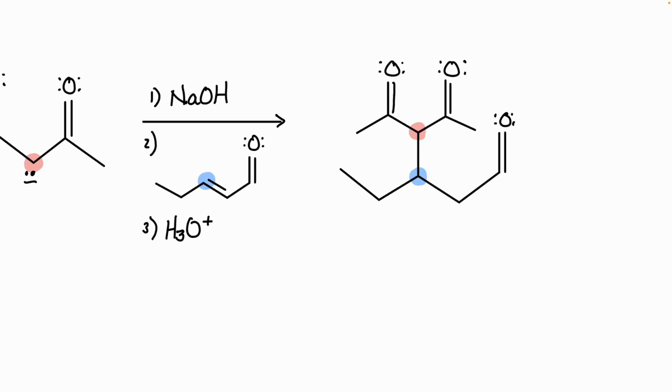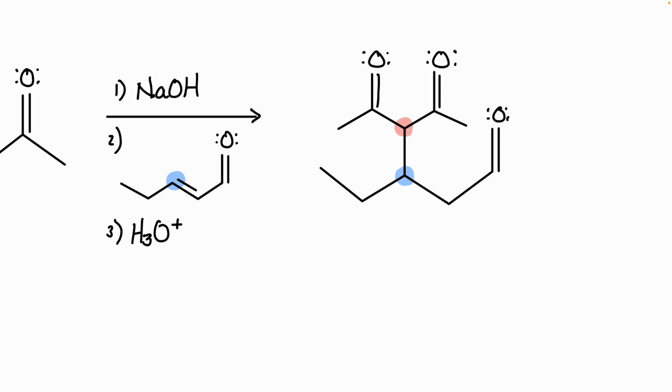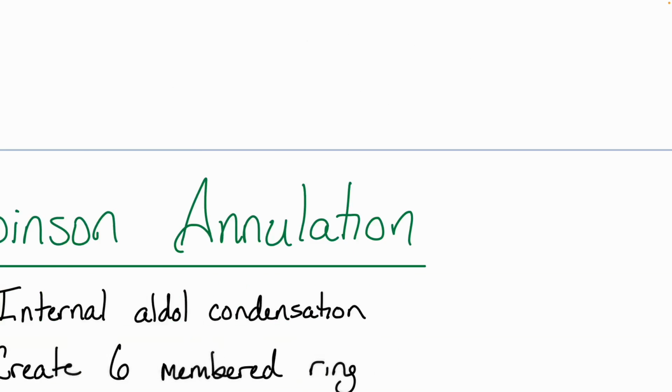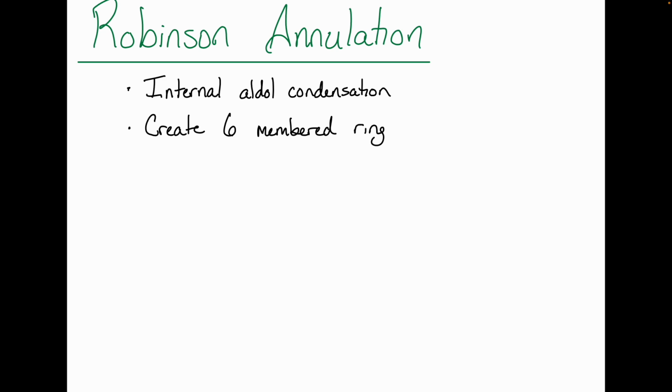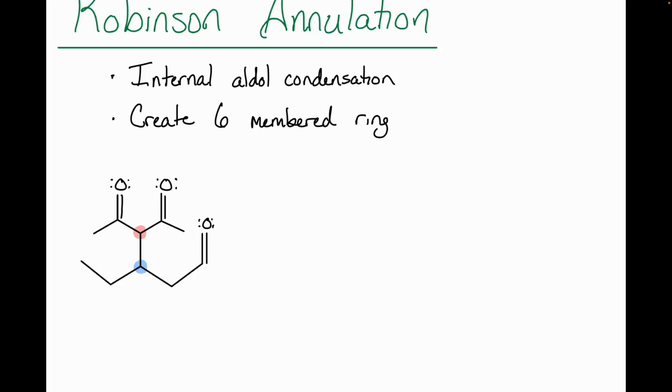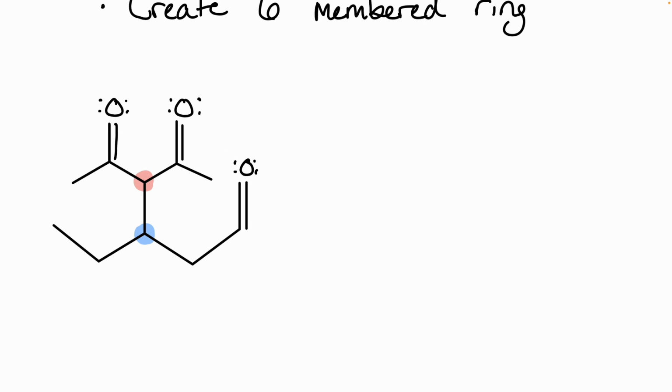All right, so again, we're going to start with our product here of our Michael addition reaction. And the thing to note about this Michael addition product here is we've got a bunch of nucleophilic alpha carbons.